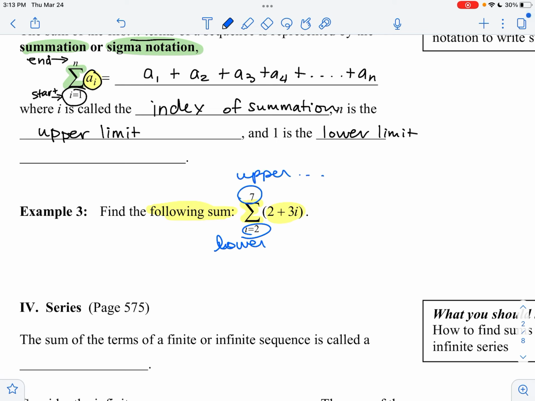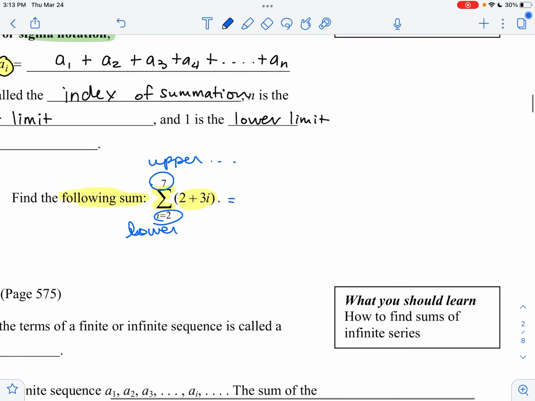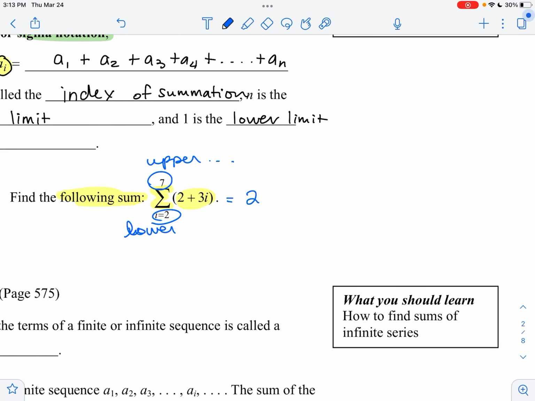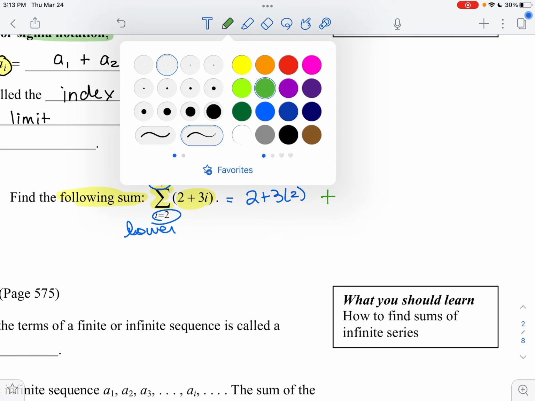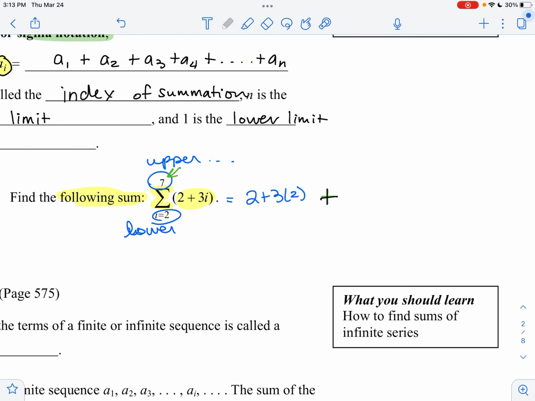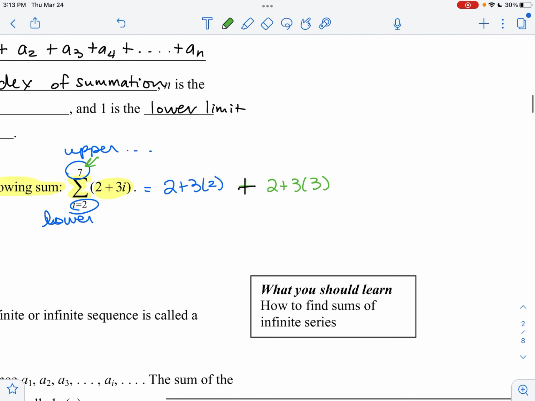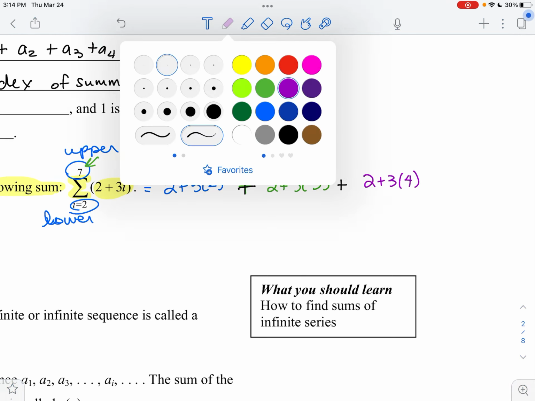So we're going to find the sum where our starting point is 2 plus 3 times 2, when i is 2. And then we're going to go all the way up until we get to 7. So then you're going to add 2 plus 3 times 3 is the next one, plus 2 plus 3 times 4 is the next one.